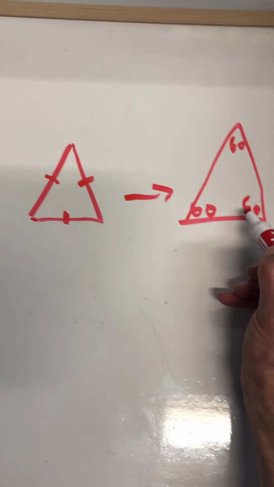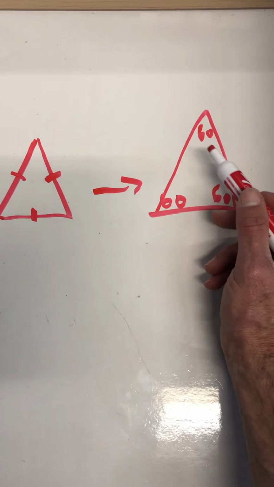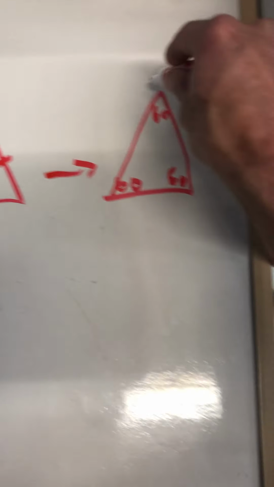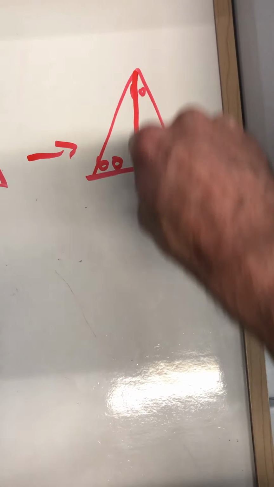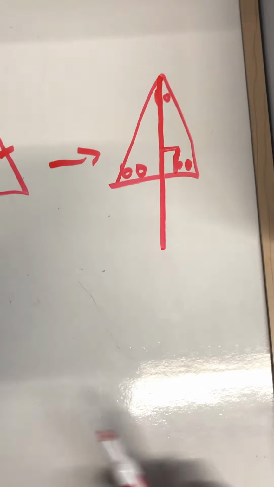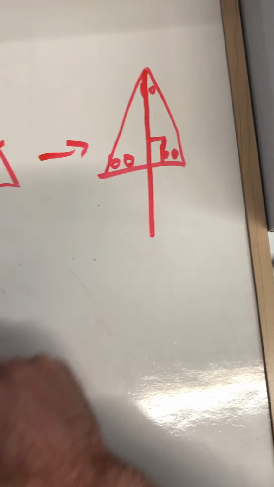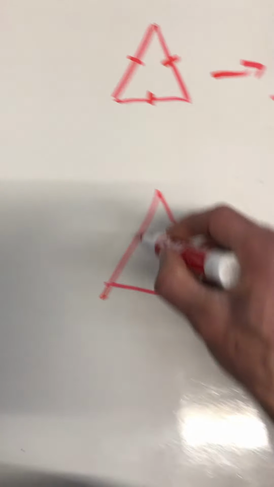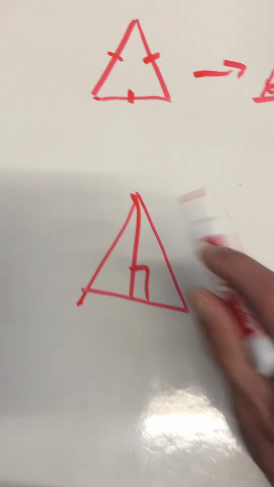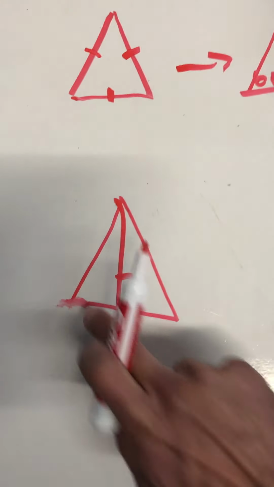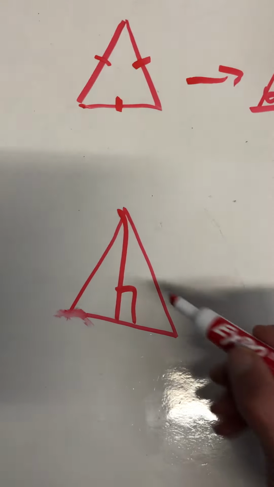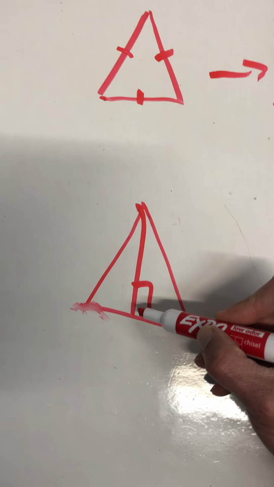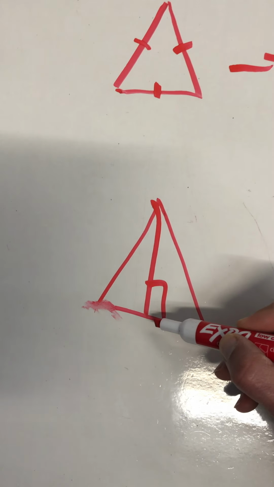Now, with every single angle the same, I introduce you to something called an altitude. An altitude in a triangle is a straight up and down line that creates a 90-degree angle. This 90-degree angle is the height of this equilateral triangle, and it's called the altitude.